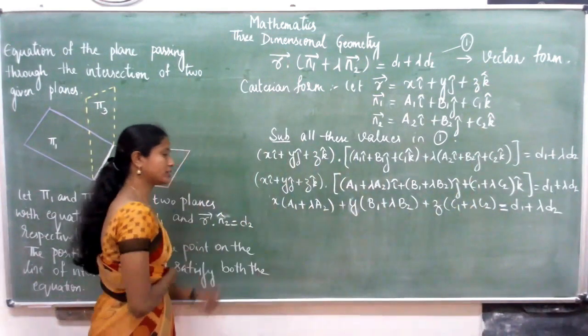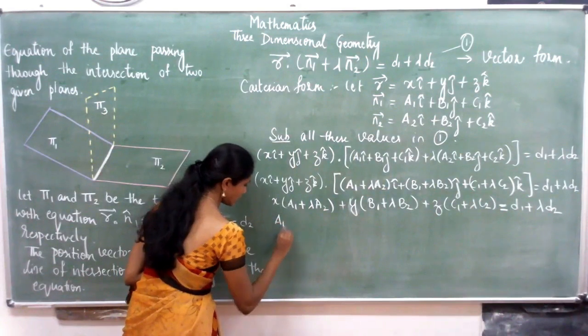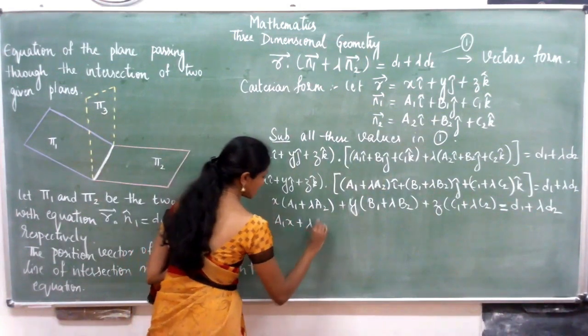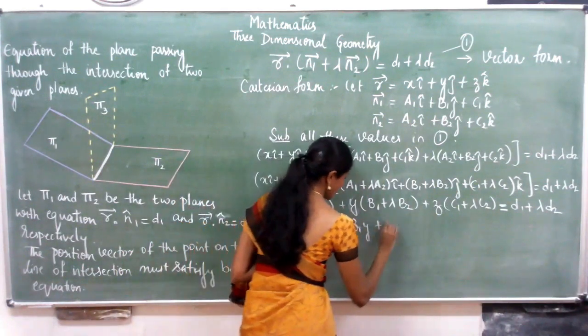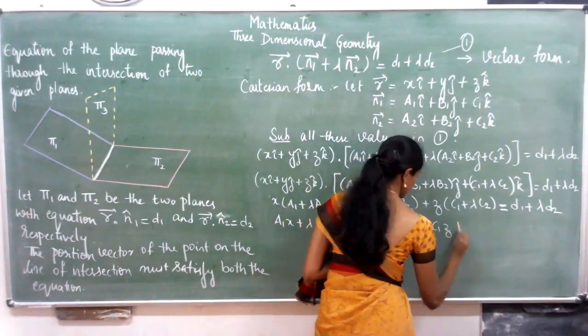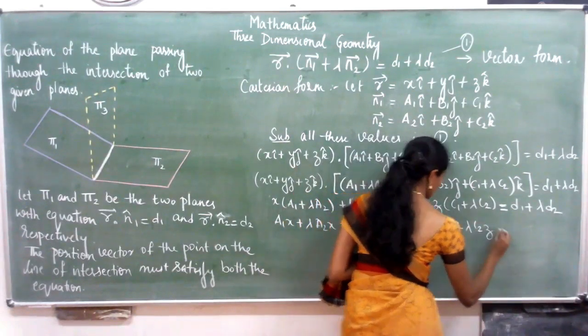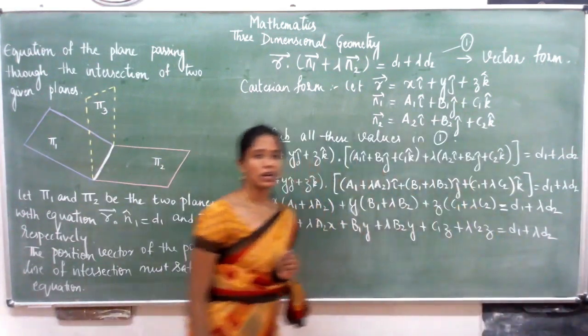Now let us multiply this x inside. So we get a1x plus lambda times a2x plus b1y plus lambda times b2y plus c1z plus lambda times c2z is equal to d1 plus lambda times d2.